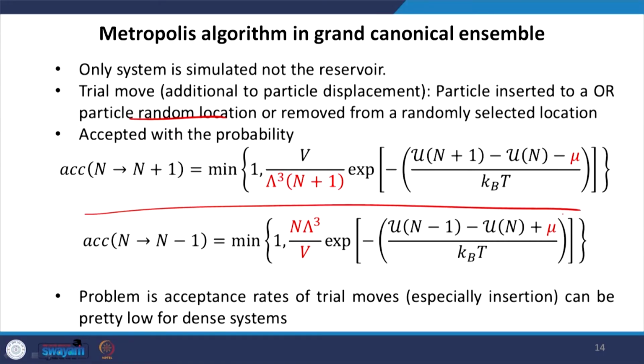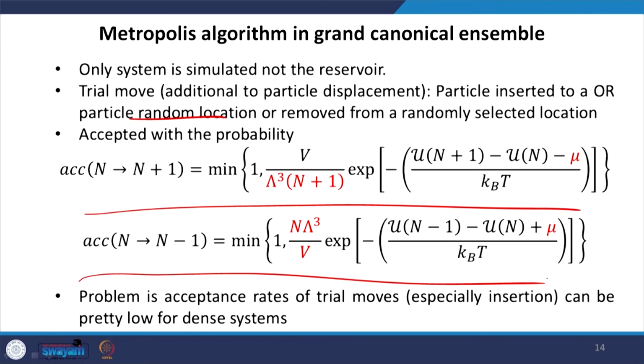So, we really have to insert at a random location, and for that we will have a certain probability of acceptance. Or we can remove whatever particle is at a random location, and in that case we will have slightly modified criteria. The reason the criteria are different is because the ratios of probability densities are different.